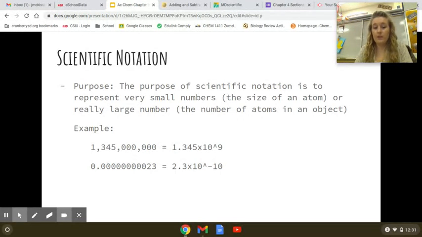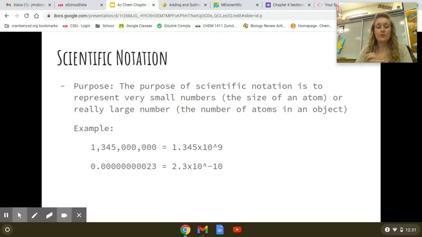When you multiply really big numbers or really small numbers in a calculator, it will give them to you in scientific notation. So it would be good to learn how to do them backwards. And it's just easier to see and look at than trying to count all of those zeros or to say how many there are exactly.